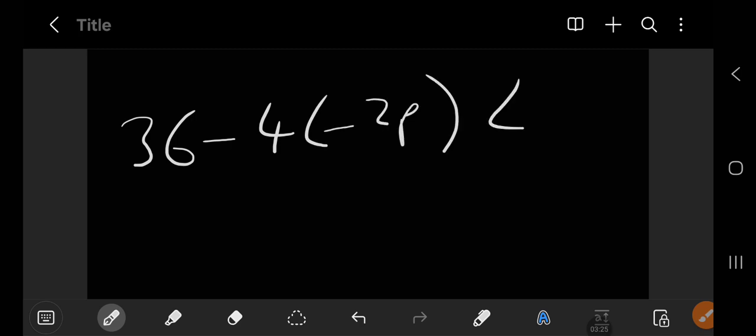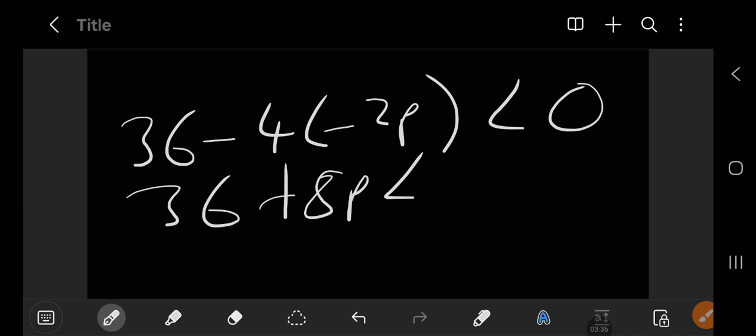Let's first multiply out what's in the bracket. 1 times negative 2p is negative 2p, because positive times negative is negative. Then I want to say 36, and negative 4 times negative 2p is positive 8p, less than 0.